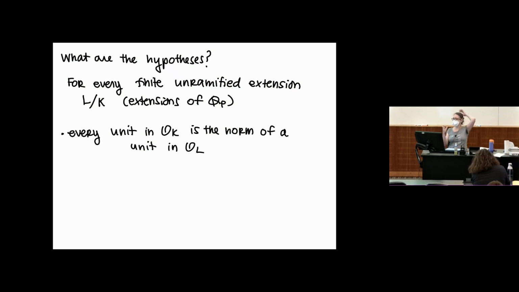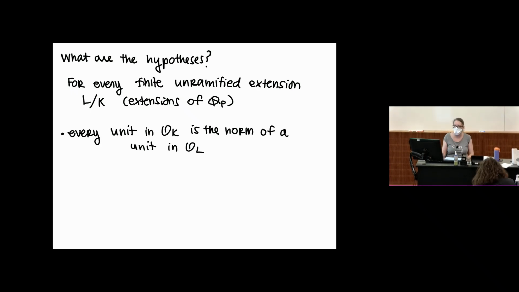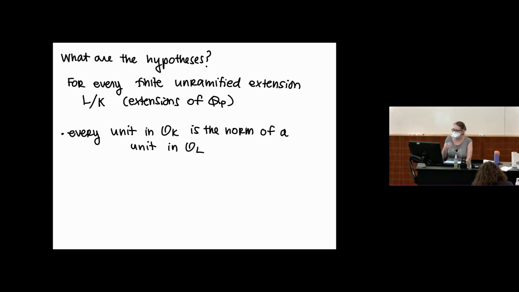So there was this norm map, and I was like, oh, you take the norm of a unit and it gives you a unit. Like, that's actually like a key point that like has to be true, which is true for Qp. But you have to make sure that it's true if you want to get a reciprocity map.